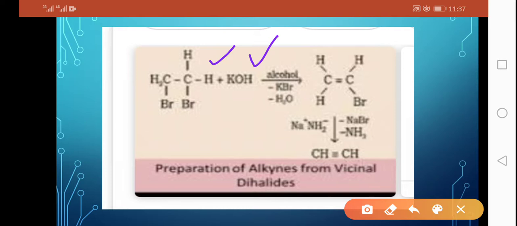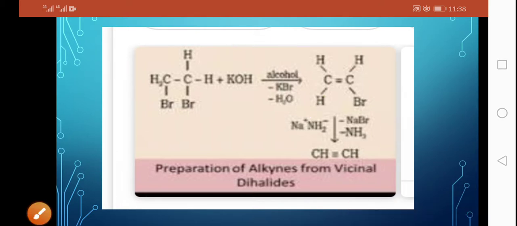Whenever we provide alcoholic conditions, we can use the base sodium amide, in which sodium is positively charged and NH2 is negatively charged, or you can also use sodium bromide, or we can also use ammonia. That means any base from these can be used for the reaction.